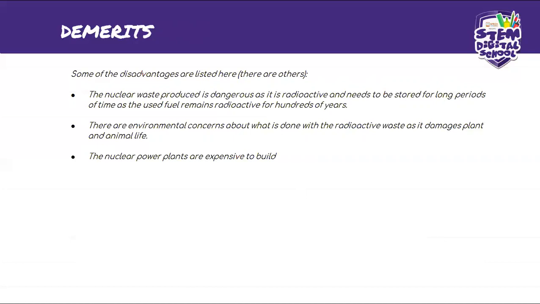There are environmental concerns about what is done with the radioactive waste, as it damages plant and animal life. What happens is that some plants can absorb this radioactive waste and then the plant can die. Or even if the plant doesn't die, it can be affected in terms of production because it is no longer normal.